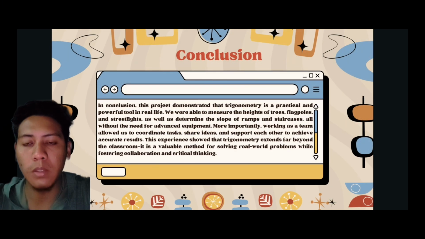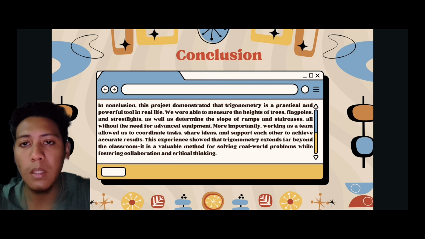Finally, our conclusion. In conclusion, this project demonstrates that trigonometry is a practical and powerful tool in real life. We were able to measure the height of trees, flagpoles, and street lights, as well as determine the slope of a ramp and staircase, all without the need for advanced equipment.